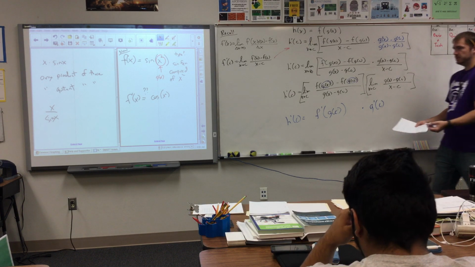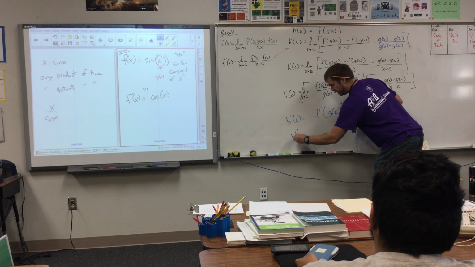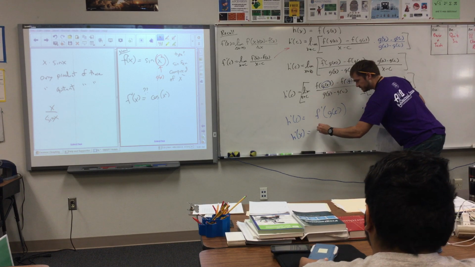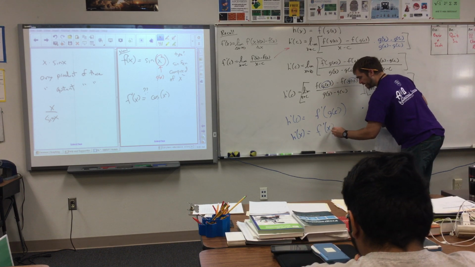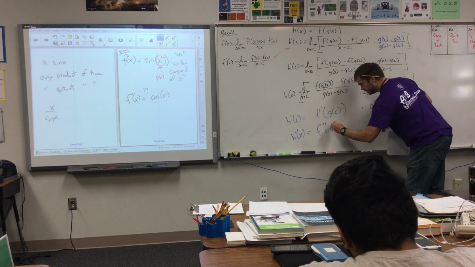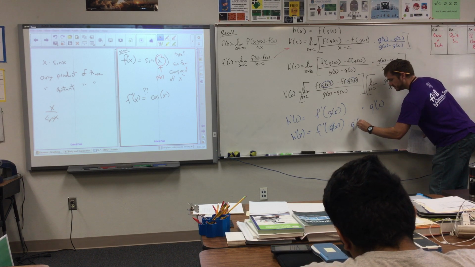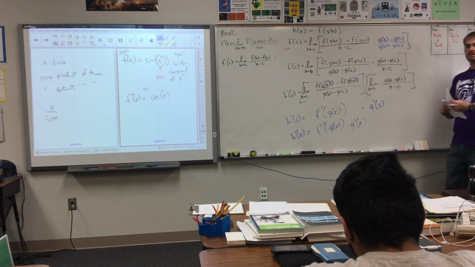If we want to make this a little more generic, then I would say h prime of x equals f prime composed of g of x times g prime of x.